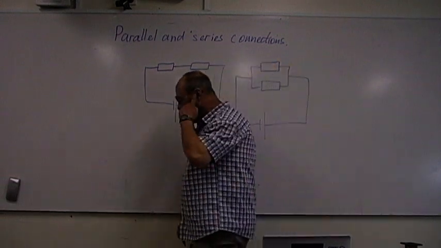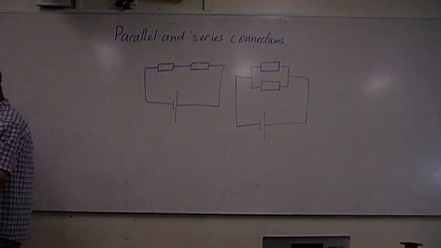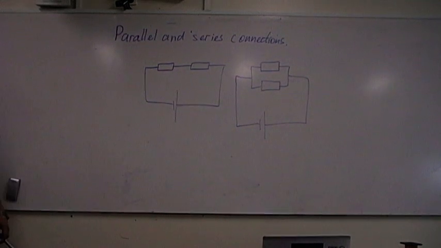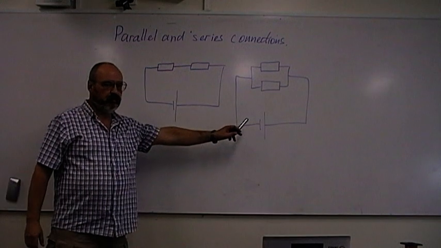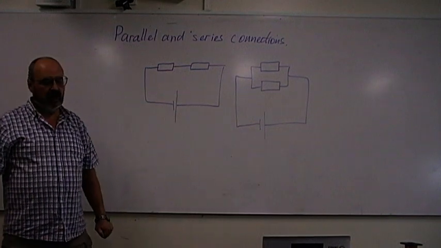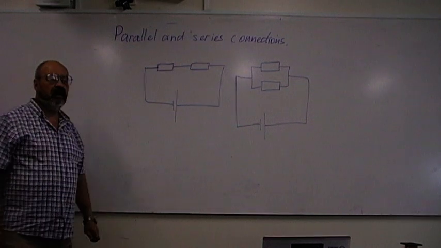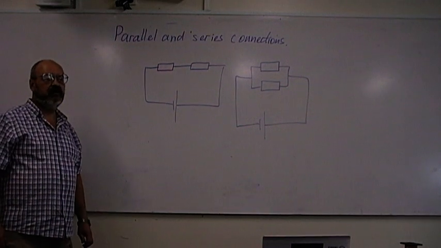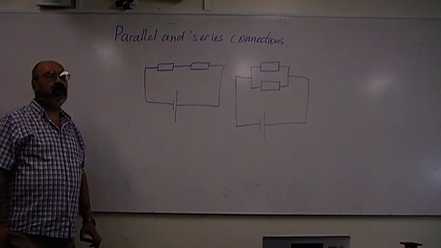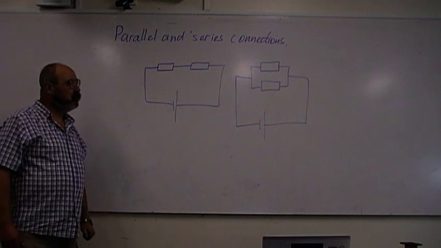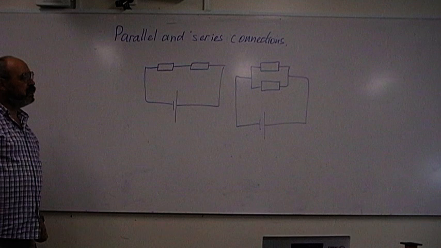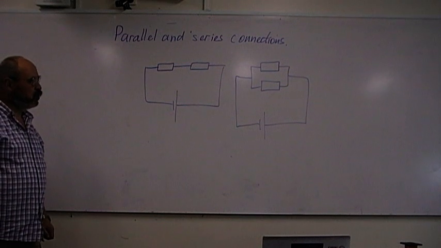So that's series connection, one after another, and this is a parallel connection. And let's have a look how current and voltage behave in each, and what happens with the overall equivalent total resistance in each of those arrangements.